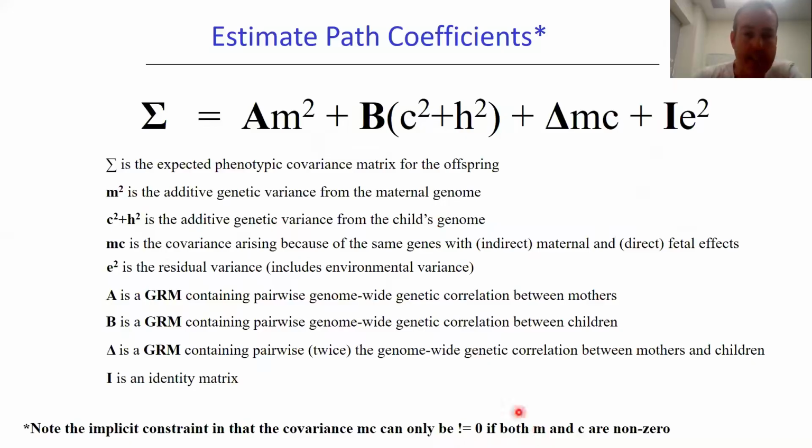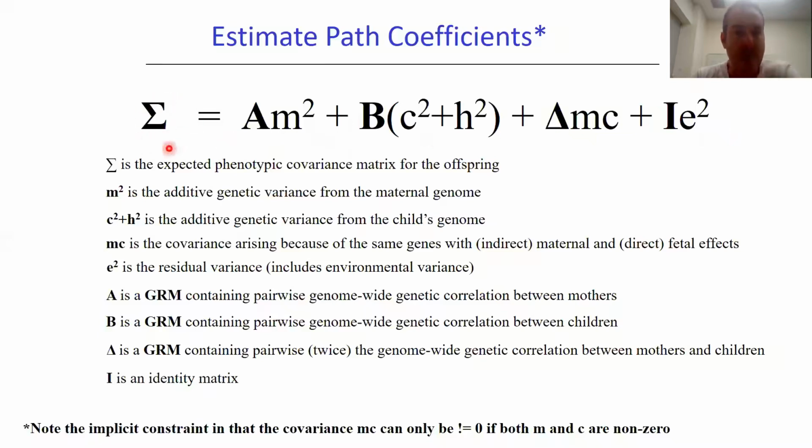So this is what it looks like. So it's basically very similar to the original GCTA model that we looked at, which only had two variance components. But now we've got quite a few different variance components.